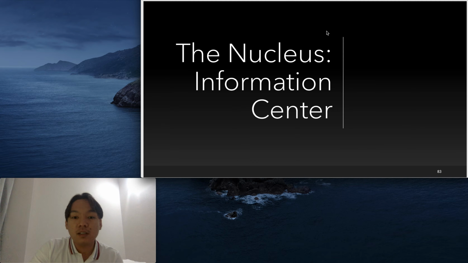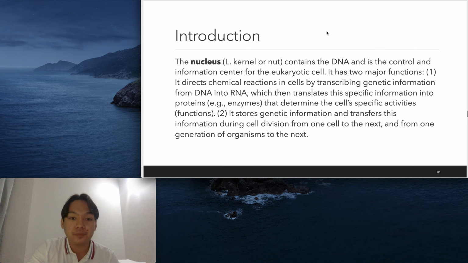We have the nucleus as the information center. This is a more in-depth explanation of the nucleus, which contains the DNA and controls the information center of the eukaryotic cell. So what are the functions of your nucleus? It directs chemical reactions in cells by transcribing genetic information from DNA into RNA, and then into amino acids, to make proteins.